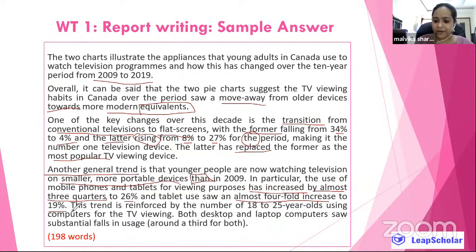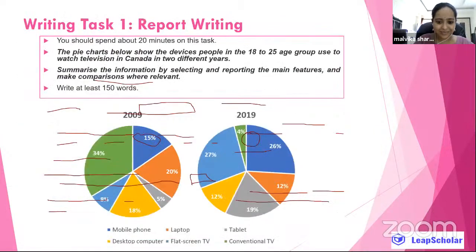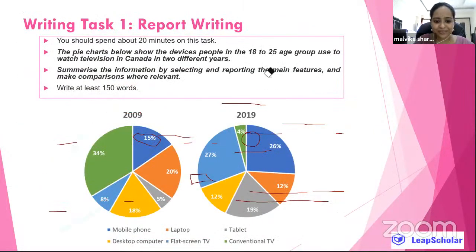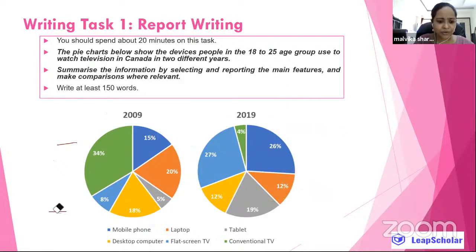Now, fourfold increase. Let's go back to the data. Let's go back to the figure. Fourfold increase, guys. Tablet use. Let's see the tablet use. Check for it. Which is the tablet one? The gray one. So it was 5% in 2009, and now in 2019, it has got somewhere to 19%.